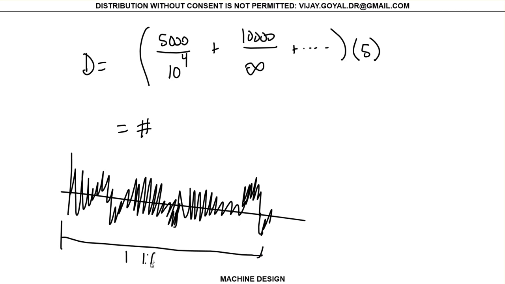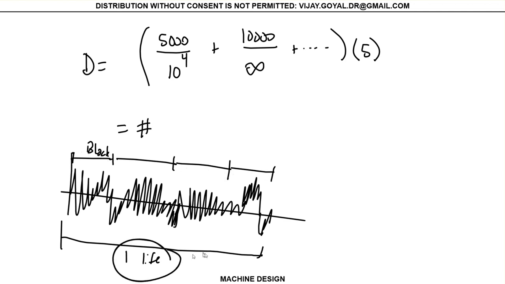You may have many block sequences, maybe block 1, block 2, block 3, block 4, and all those blocks equal 1 life. Typically we use a scatter factor of 2 or maybe 3, and sometimes even up to 4. By scatter factor, we mean we will repeat this whole sequence that many times.